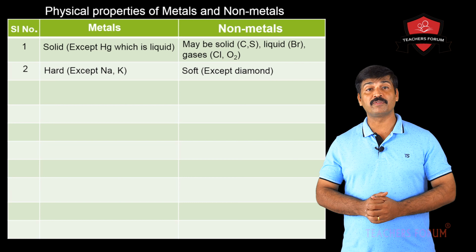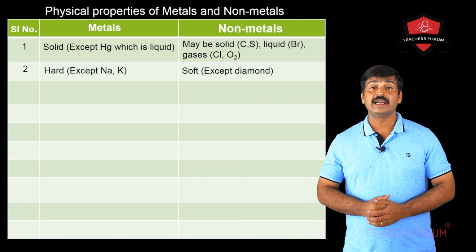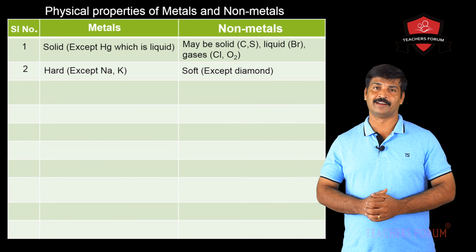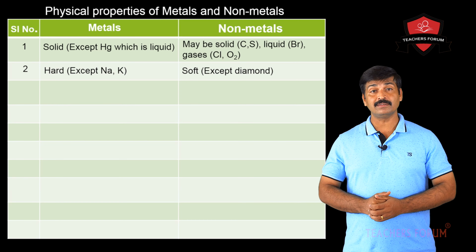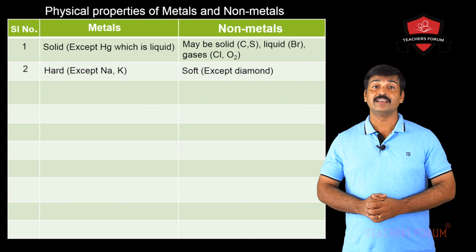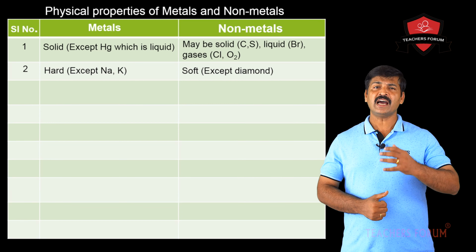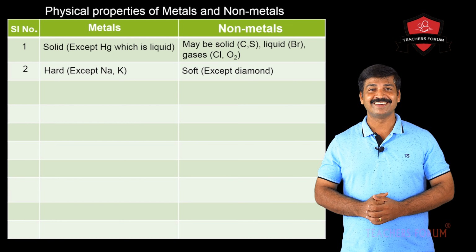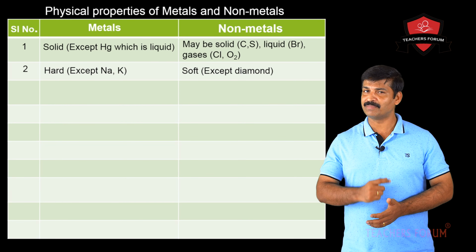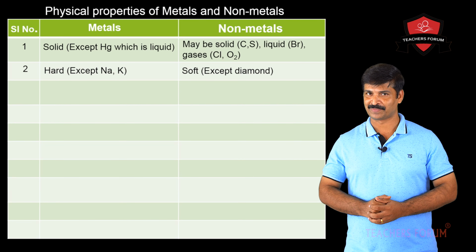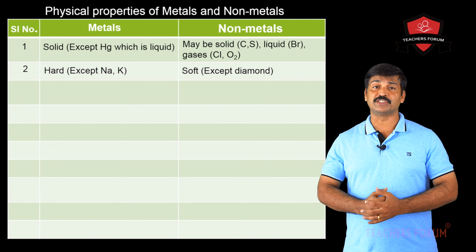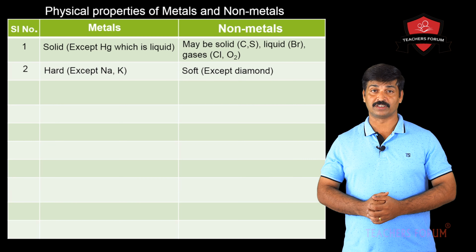The first allotrope of carbon is diamond and the second allotrope is graphite. Carbon is a non-metal. Now diamond, though it is a non-metal, is very hard. It is the hardest substance that exists in nature. You see, usually non-metals are soft, but there is one exception, that is diamond, the allotropic form of carbon. Diamond is the hardest material that exists in nature.